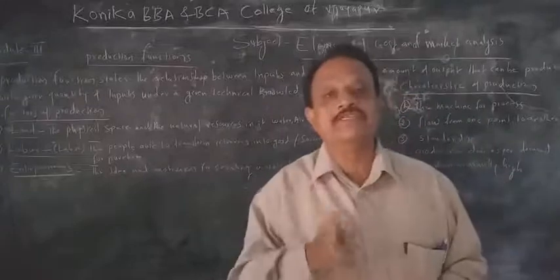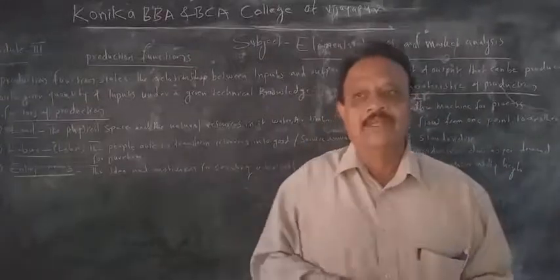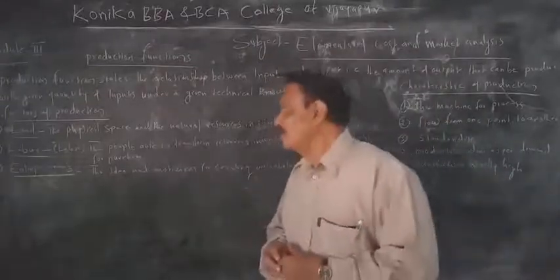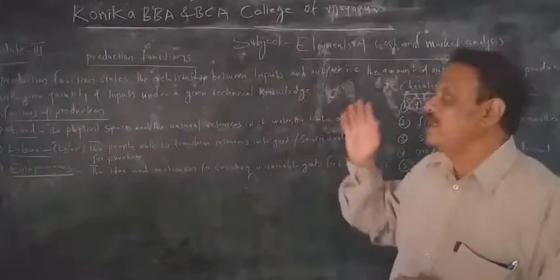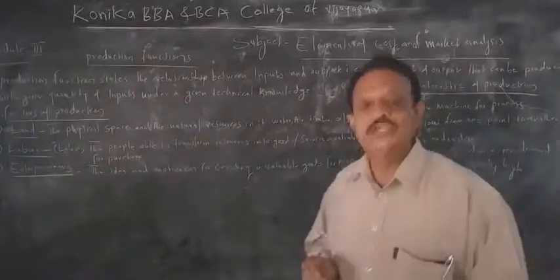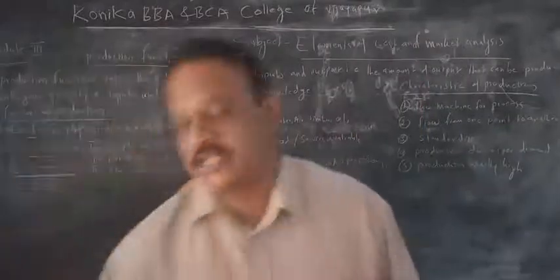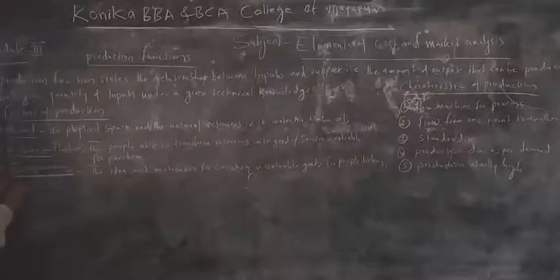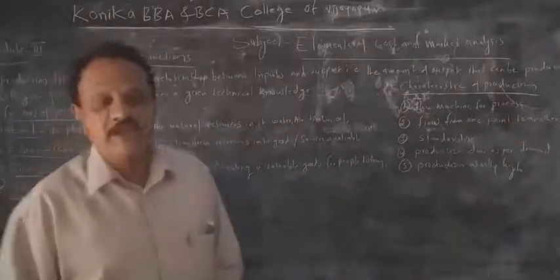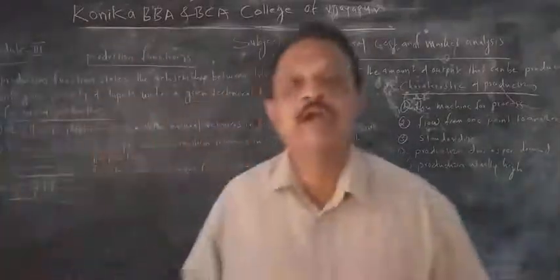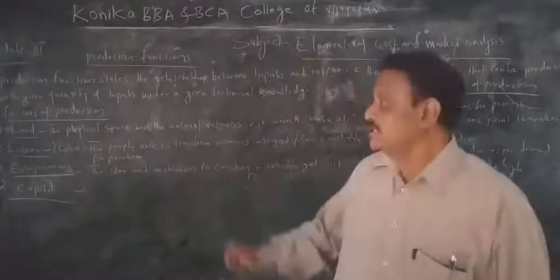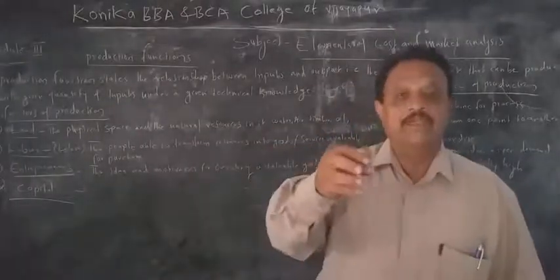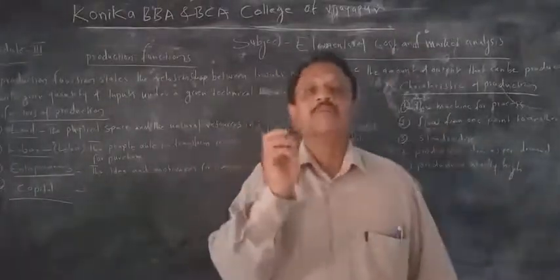The second important factor is labor, after land. And then we move on to one more important factor, capital. Capital is also a very important factor in production. Capital is the blood of the business.